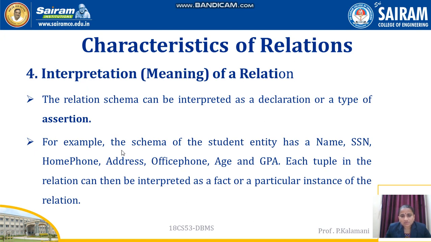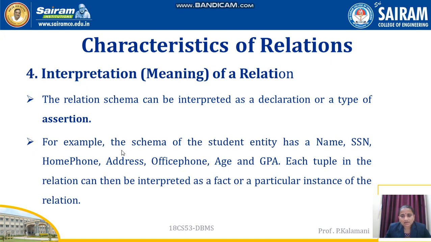This student entity has SSN, social security number, which is okay, and for the student entity GPA and other things will come. Suppose for employee we can give employee ID, but if we give that employee ID to a student, it is nowhere related. So we should take care of that when we are making a relation with the attributes. That is very important.